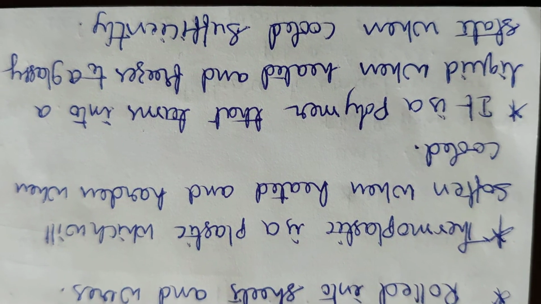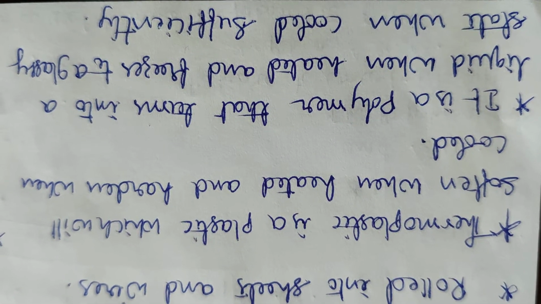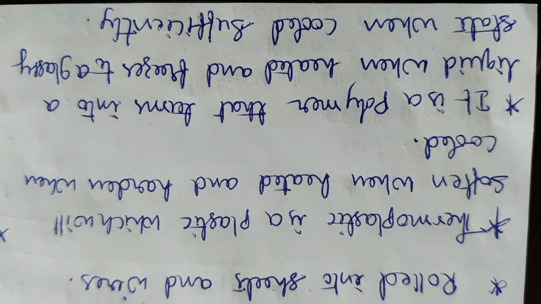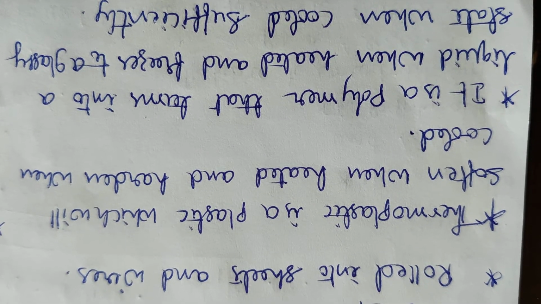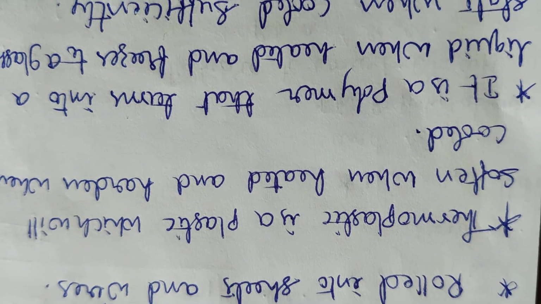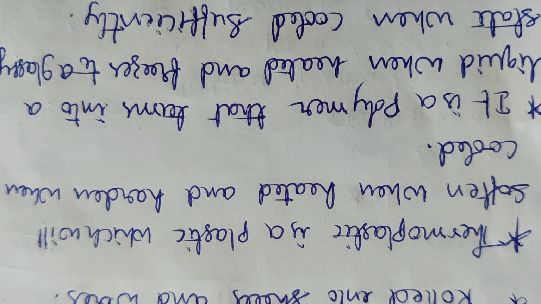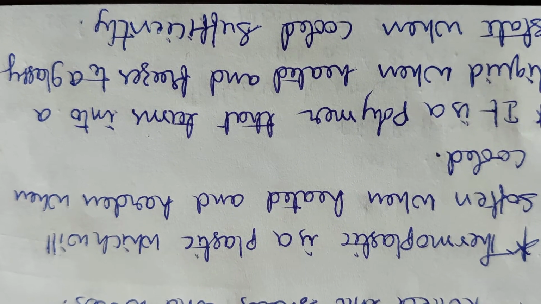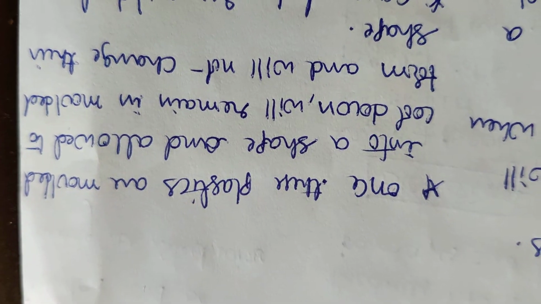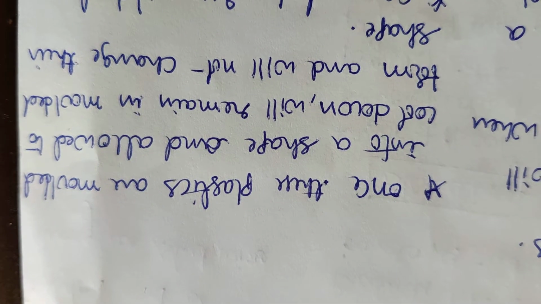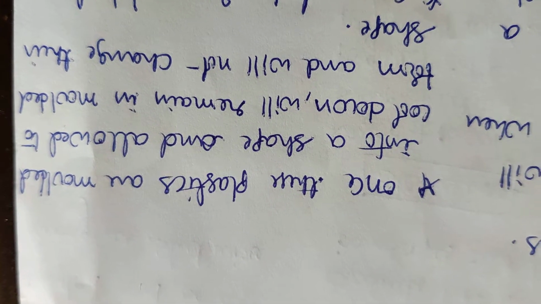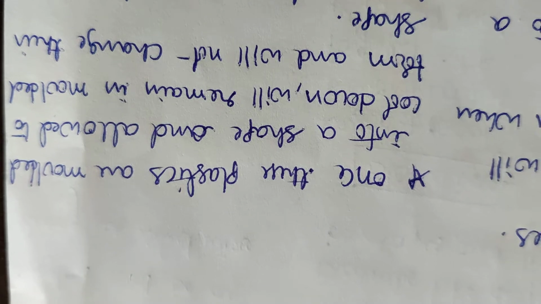Sometimes they may ask you what the differences between thermoplastic and thermosetting plastics are. So first you have to write the definitions of thermoplastic and thermosetting plastics. Thermoplastic is a plastic which will soften when heated and harden when cooled. Thermosetting plastics, once molded into a shape and allowed to cool down, will remain in molded form and will not change their shape.